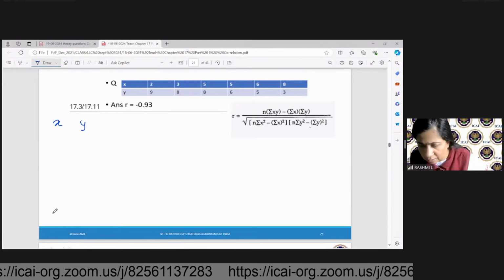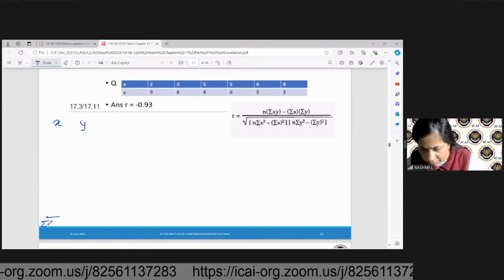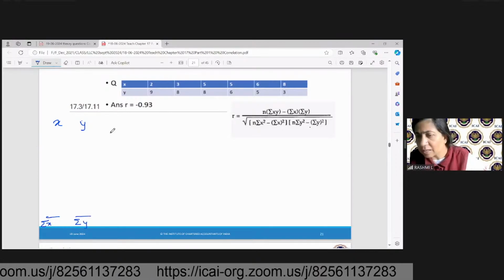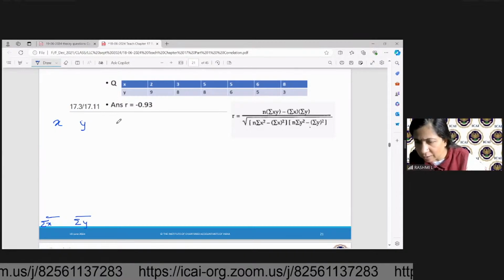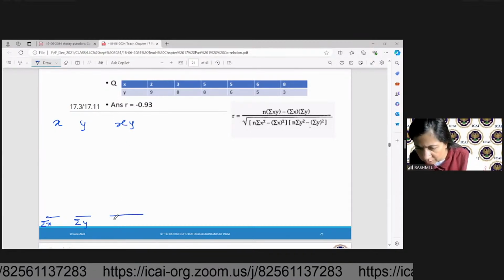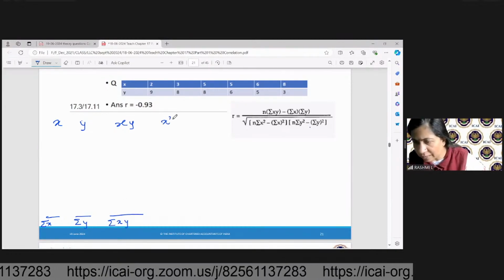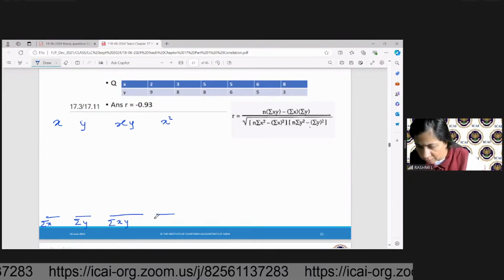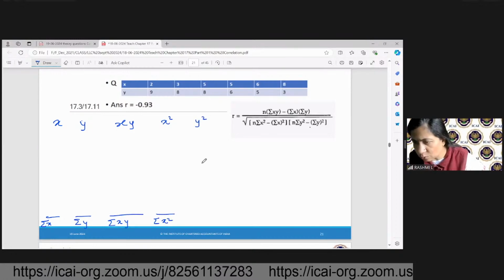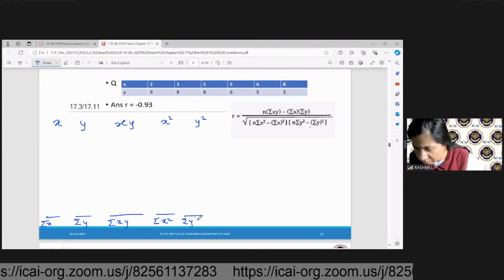Okay, in the last you will get summation x, then summation y, then you can have x into y, so you will get summation xy, then x square, summation x square, then y square, and summation y square.